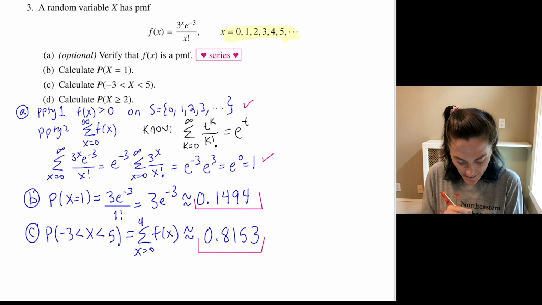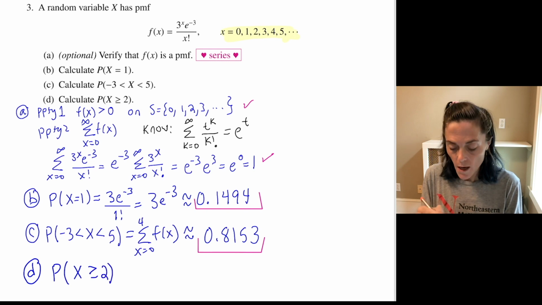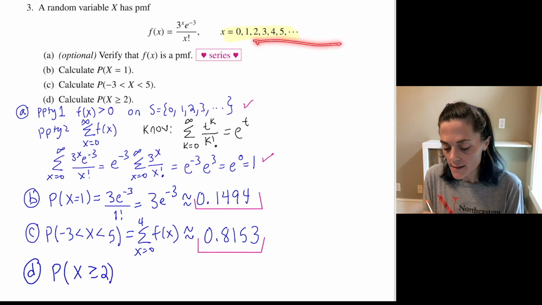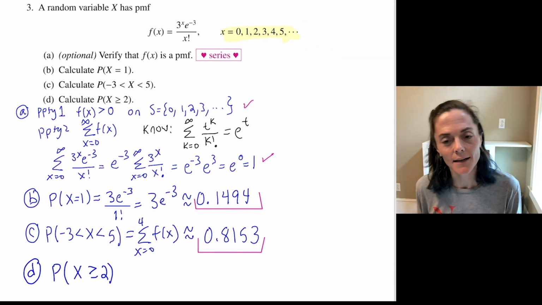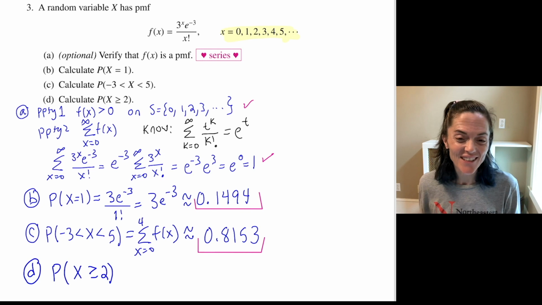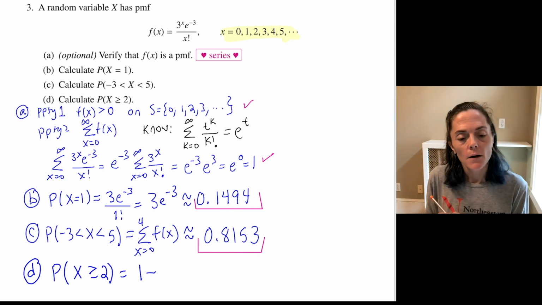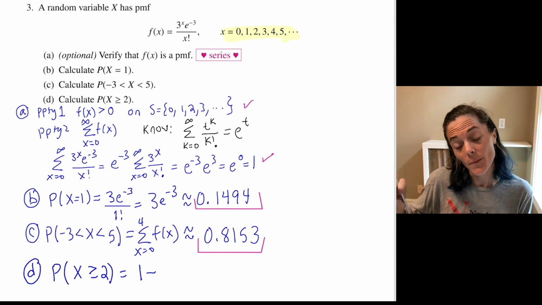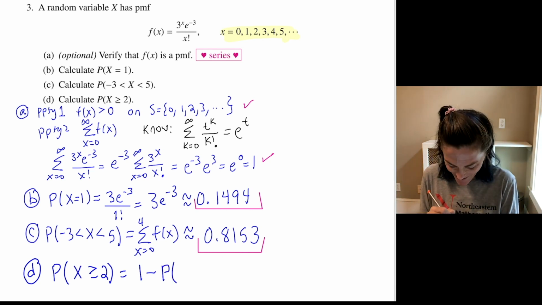Letter D. We want the probability my random variable is bigger than or equal to 2. Well, do you want to calculate this infinite sum from 2 to infinity of this function? You don't have to here. All we need to do, and this is similar to when we did in the last example, just take 1 minus the probability that x is less than 2.